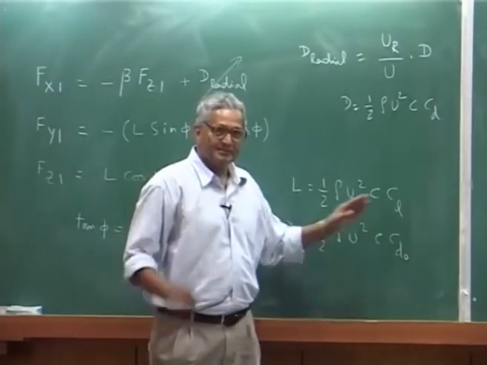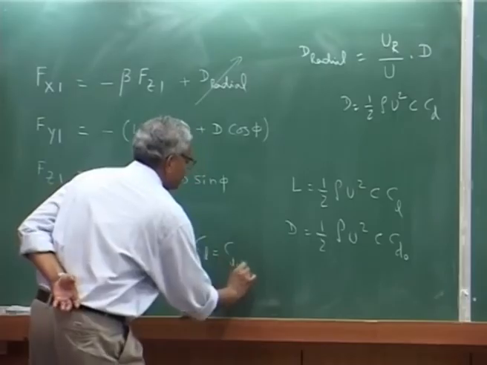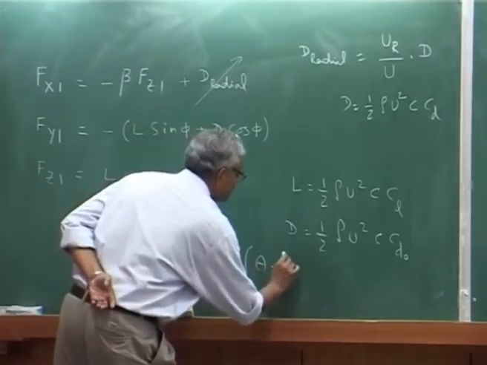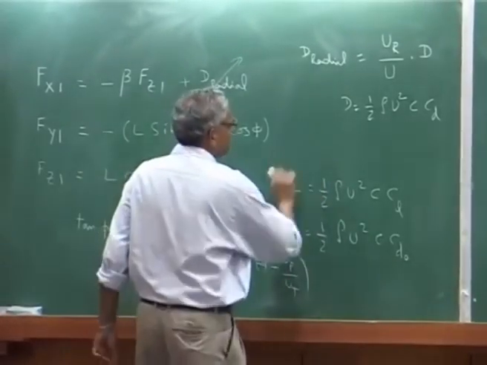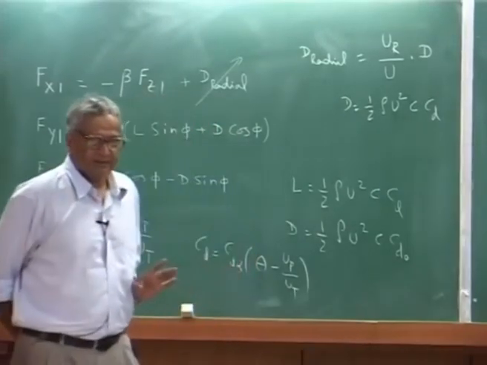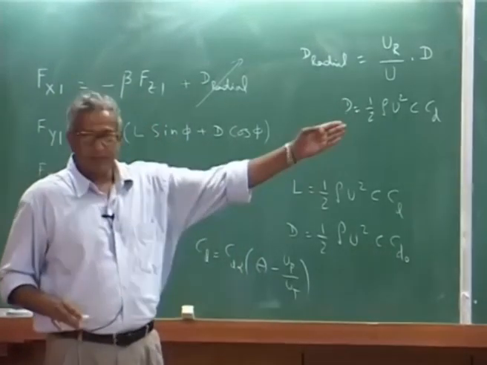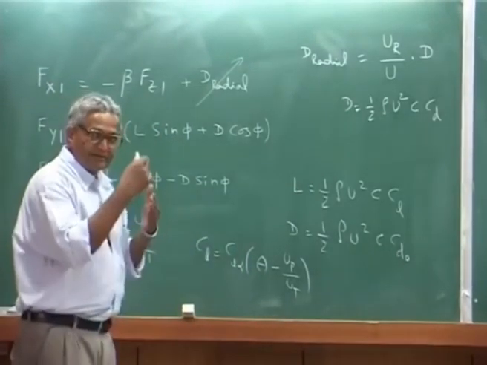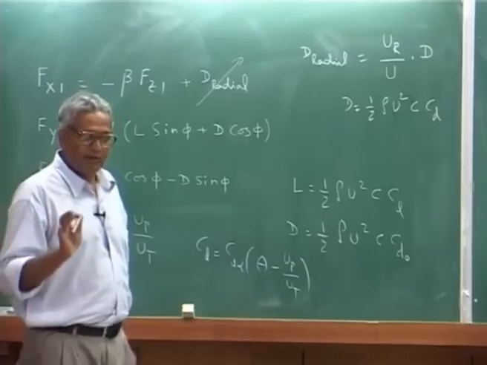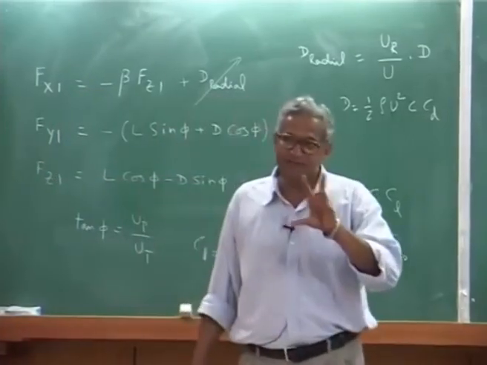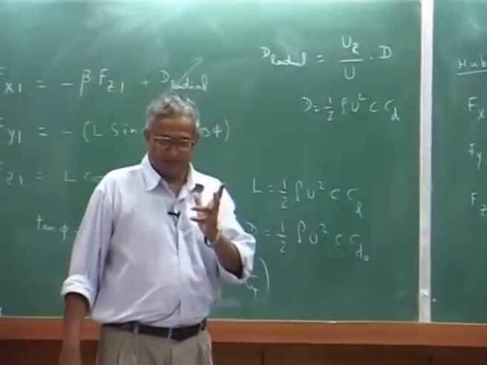And C L in one form we wrote as C L alpha into theta minus phi, which is u p over u t, and then we approximated u as u t. Why I am writing everything is, when I display the expressions, in some of them we make the approximation, okay. Only in one, that is a little interesting derivation, that is particularly in getting the torque.